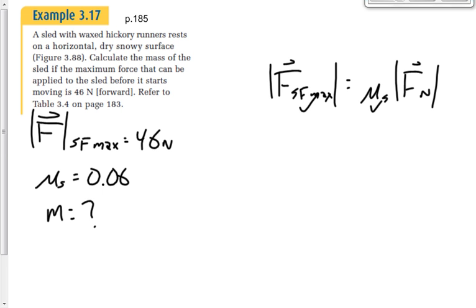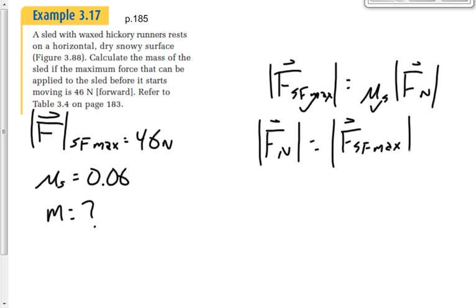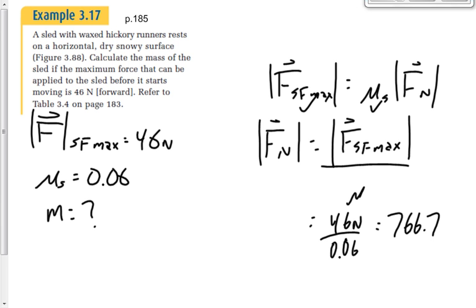We don't have Fn. Let's solve for Fn here. It equals F_SF max over mu. So it equals 46 newtons divided by 0.06. What does that give me, somebody? 46 divided by 0.06. 766.7 newtons. Thank you, Hayden.